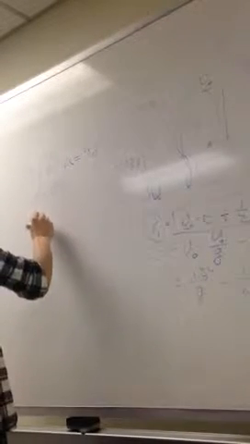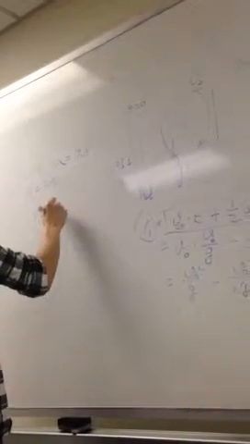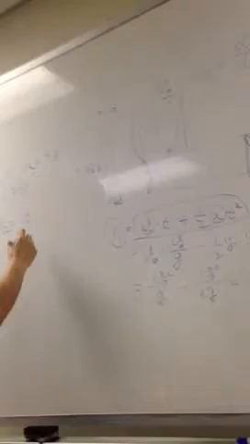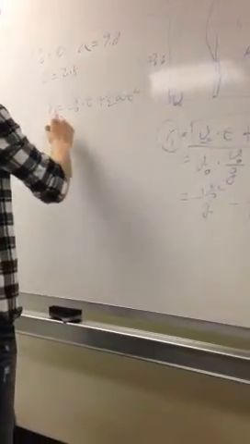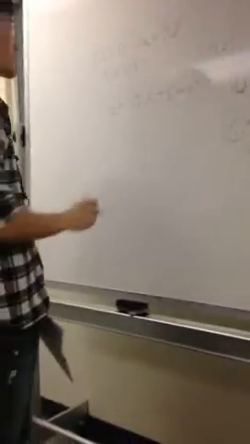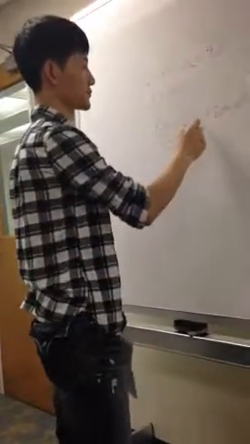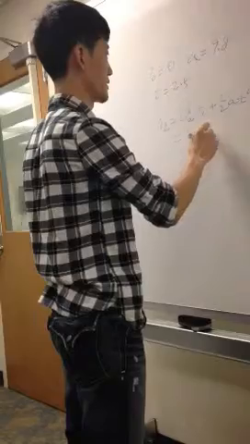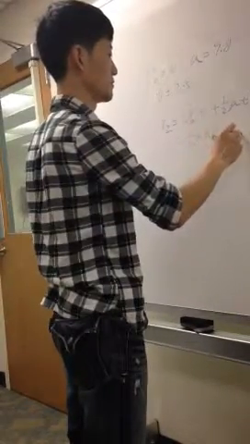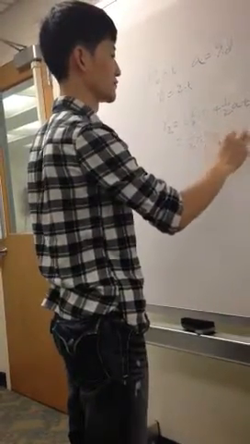So you use the same formula with t and t squared. So here is 0, 9.8, 2.5 squared.